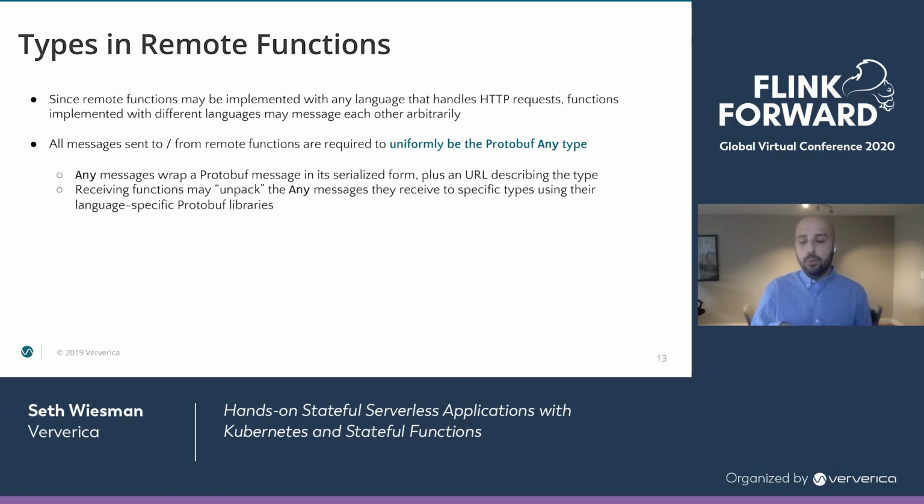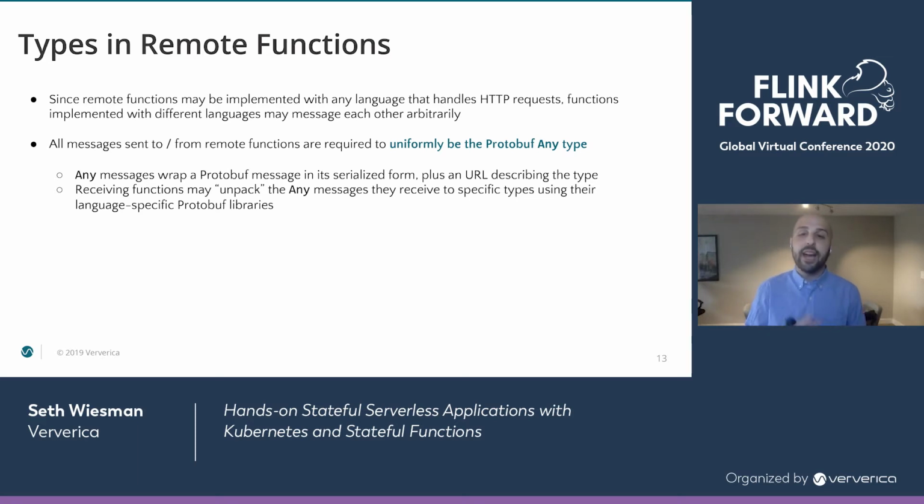So we are writing remote functions. Our user code could be in any language. Functions in any two languages can communicate with each other arbitrarily. A Haskell function could message a Python function or vice versa, and it's all being routed through the Flink runtime that is deployed on the JVM.